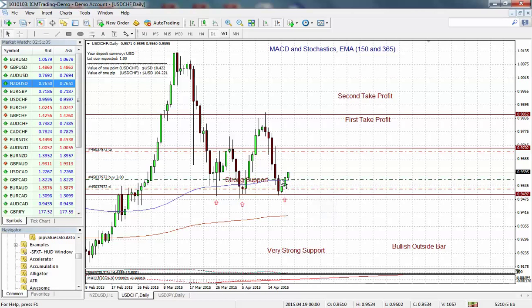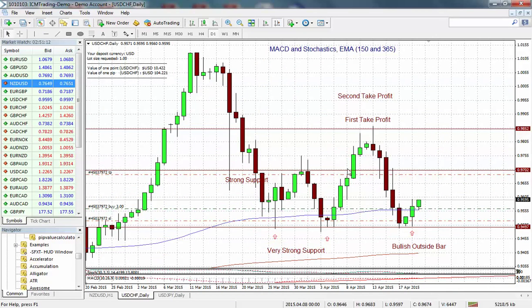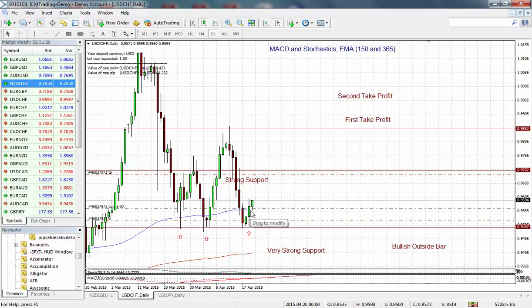Price actually closed right above this 150 EMA, right? You see it closed right above it, and I entered the trade right here because I knew this 150 EMA could very well work as support, and it did. Price did not go back below this 150 EMA. Granted, it is early in the day and we haven't broken the high of our bullish outside bar.